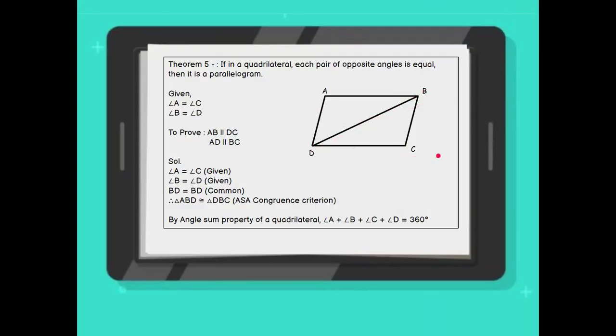So, two pairs of alternate interior angles are equal. So the final statement I can write is: alternate interior angles are equal, therefore the line AB is parallel to DC and the line AD is parallel to BC.